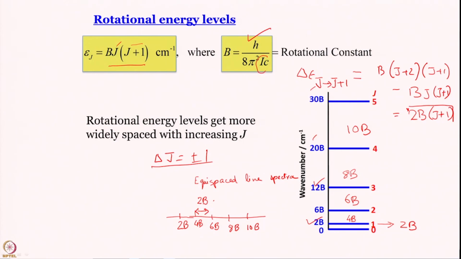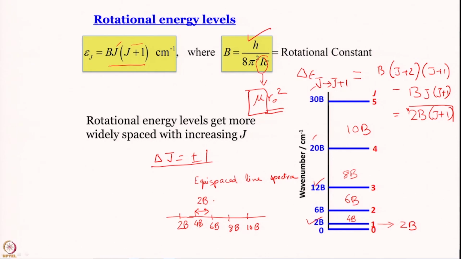So, knowing B you can work out I, remember it is mu R0 square. Again if you know which molecule you are working with, mu is known. So, you can figure out what R0 is. From the spacings you can find out R0. What is R0 for a diatomic molecule? It is the bond length. So, rotational spectroscopy provides a means for determination of bond length. That is the application of the rigid rotor model that we have discussed so far.